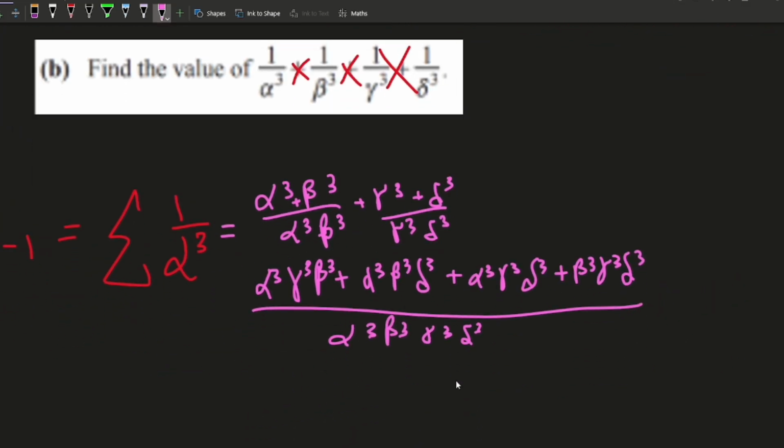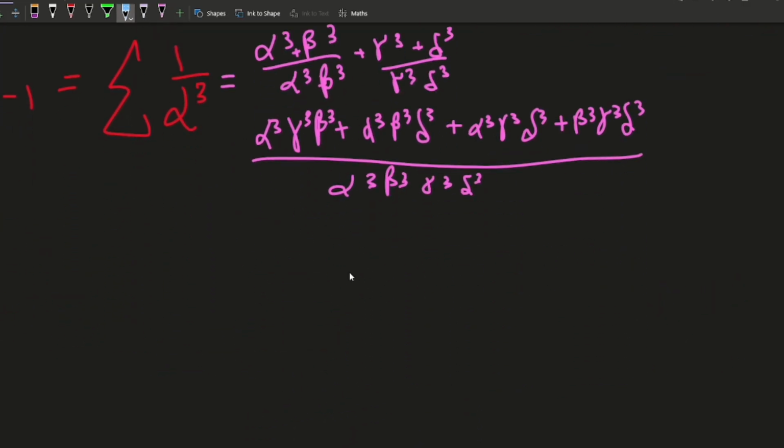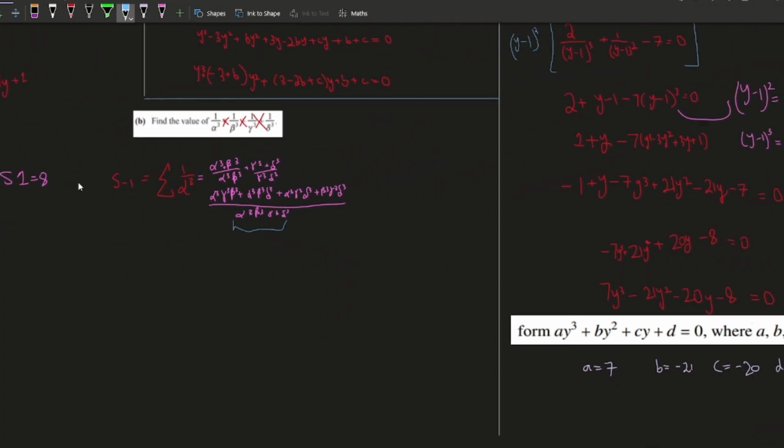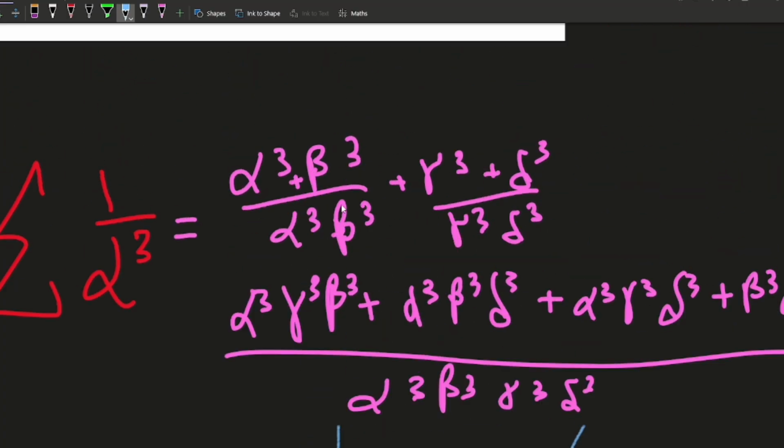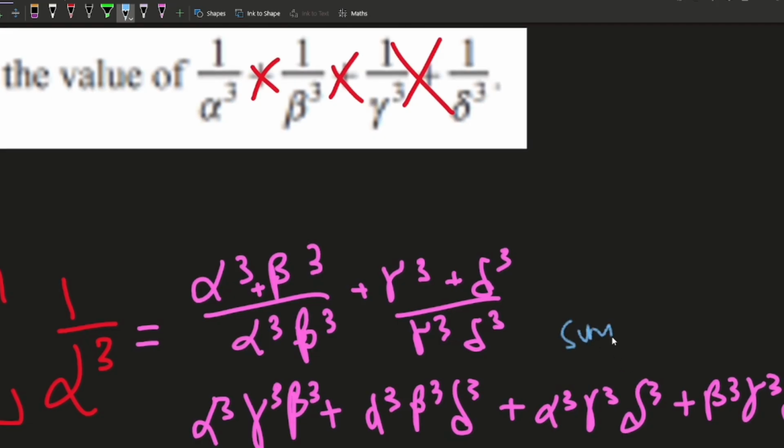The denominator is the product of the roots of our new equation, and the numerator is the sum of triple pair of roots.